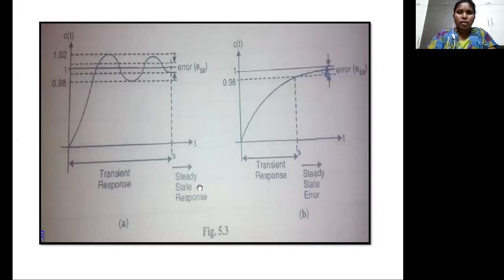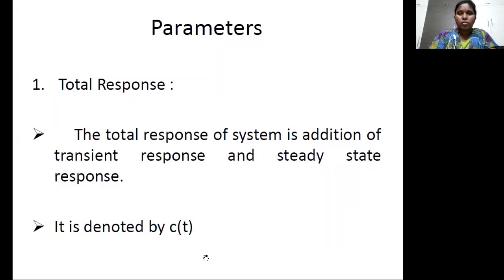Coming to the next one, we will deal with the parameters, that means how we can obtain the response of a system. To obtain the response of a system, we have to consider the parameters. Here we have to obtain the total response of the system.